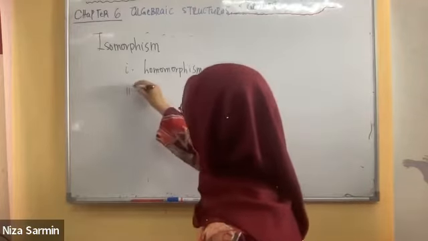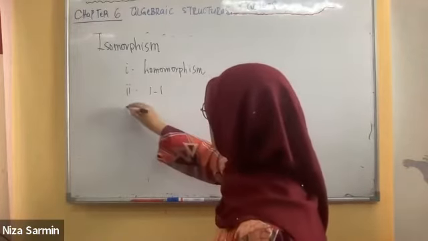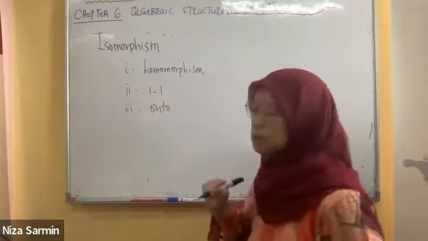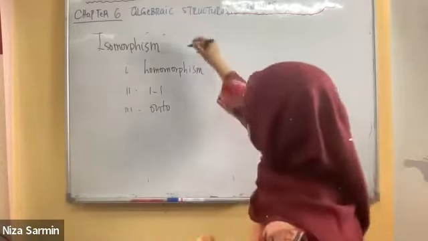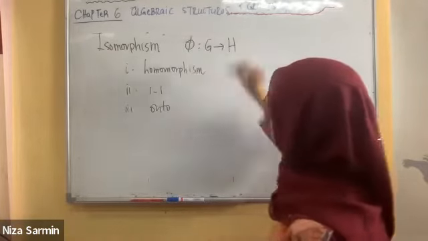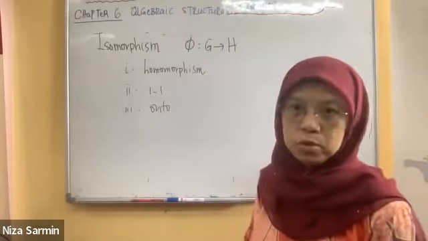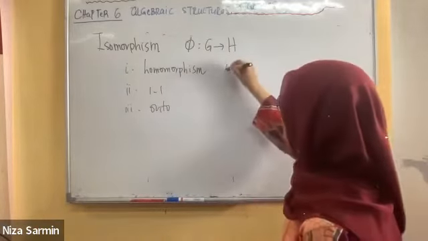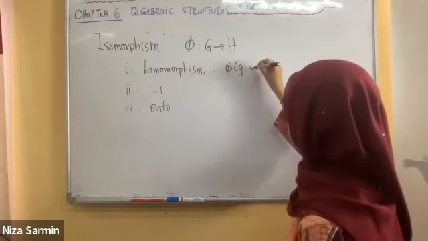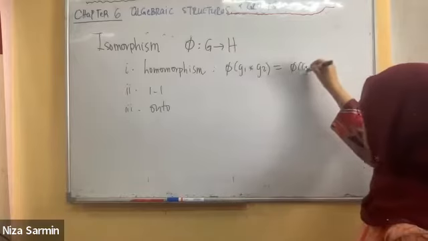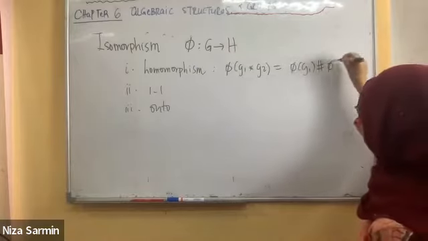The second one is it's one-to-one. The third one is it's onto. So we say phi is an isomorphism from G to H. Normally I use for groups, but you can use for semigroups or monoid. If it is the homomorphism, I put this again.